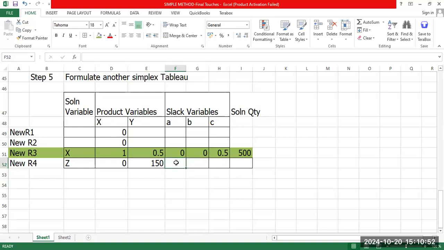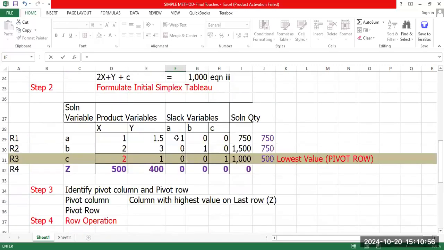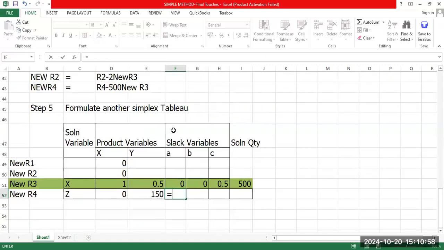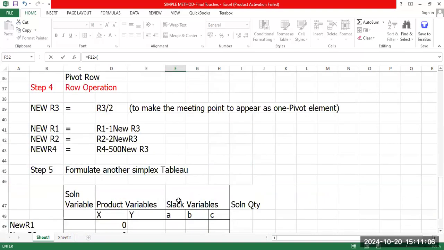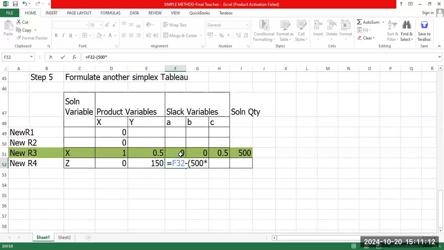Remember, we are not repeating these things again. So if you miss on this point, so this is A. I go back out and I see column A. Here I have 0 minus, open bracket, I put 500 times, what is the value here? It is 0. Okay, I think also this is 0.